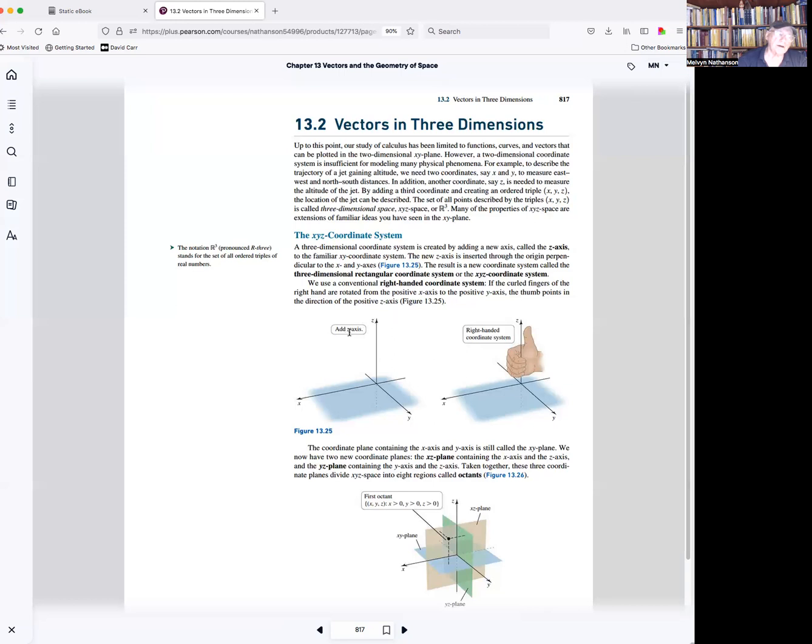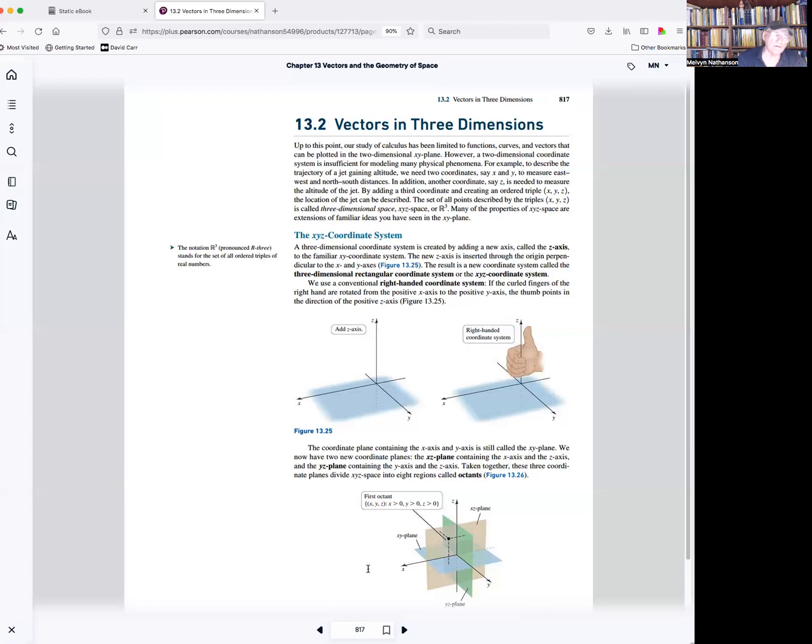That's the xz plane. And if you take x equal to 0, you're looking at all the points with coordinates in this yz plane. So you have three coordinate axes determined by three coordinate planes determined by the axes.